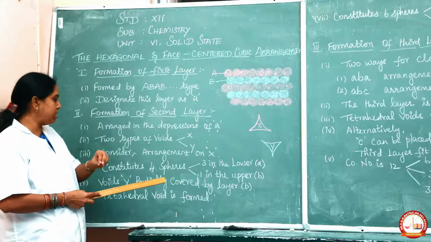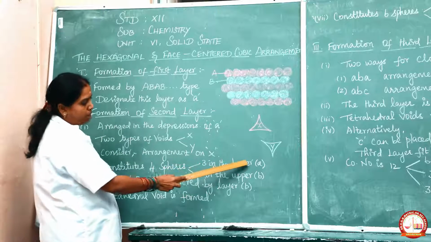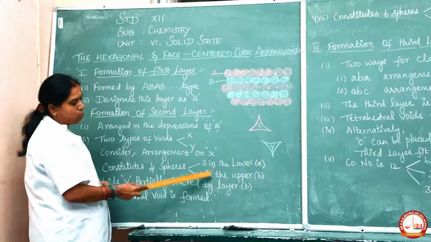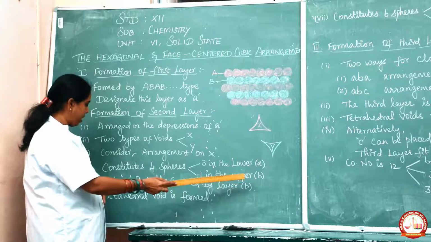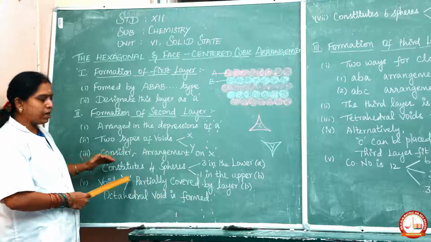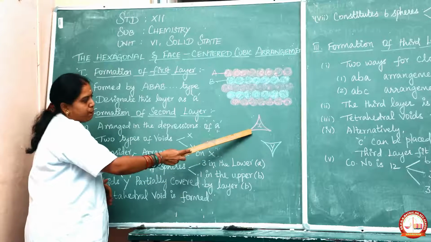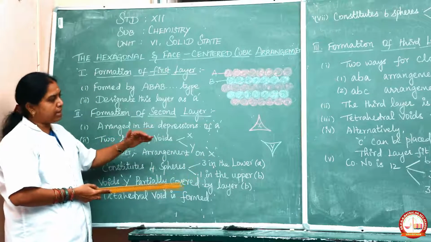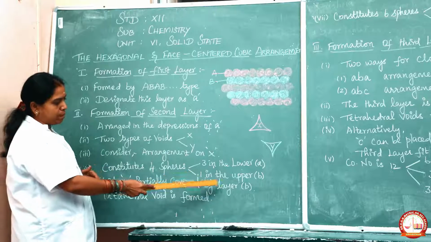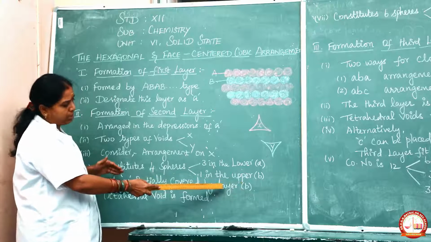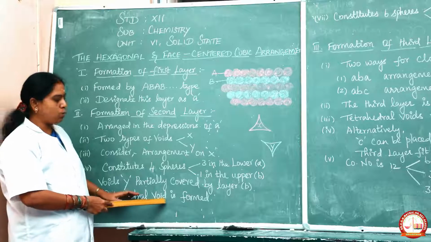That constitutes four spheres: three spheres in the lower layer, which is the first layer A, and one sphere in the upper layer, the second layer, B. The spheres we have placed on X partially cover the voids Y. In such a way, an octahedral void is formed.